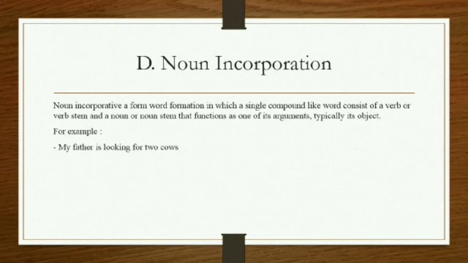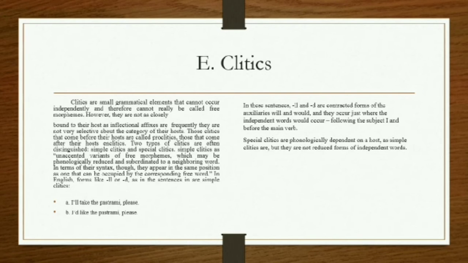It occurs following the subject I and before the main verb. Special clitics are phonologically dependent on a host as simple clitics are, but they are not reduced from independent words.